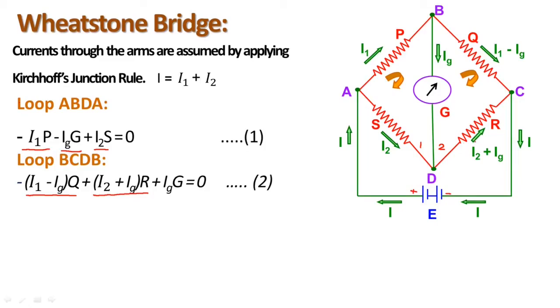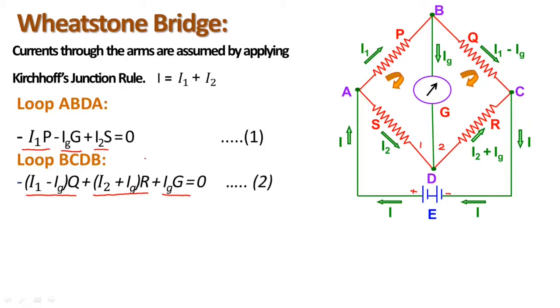Therefore, I2 plus Ig into R is the potential difference across the resistance R. Here we are moving from D to B, and the current flows in the opposite direction through the galvanometer. Hence, there is a potential gain. So, the potential difference across the galvanometer, Ig into G, is equal to 0. From these two equations, we can easily find out the current flowing through any branch of the circuit.